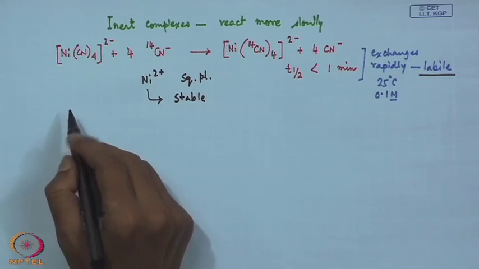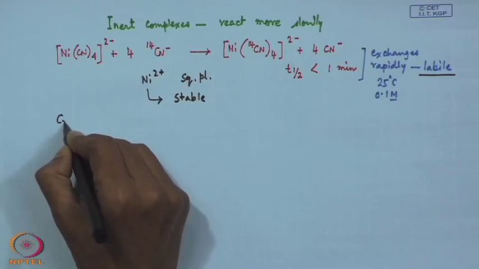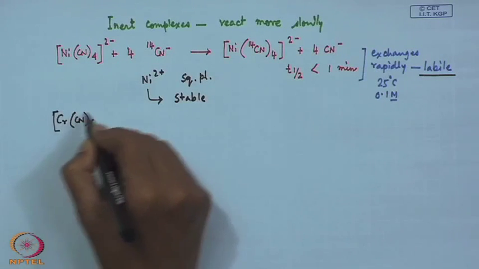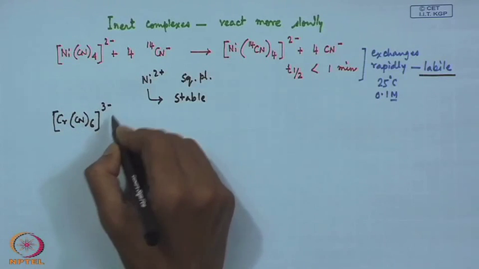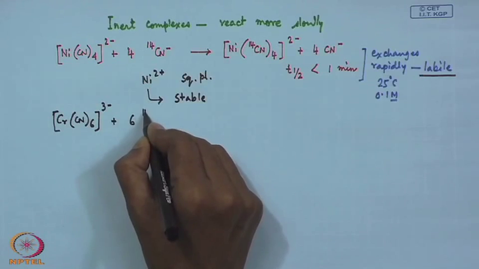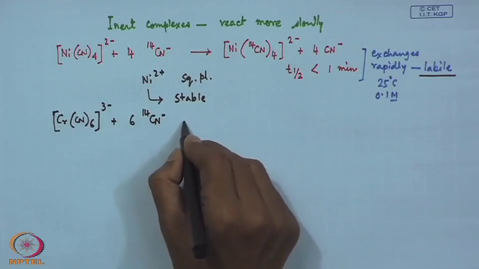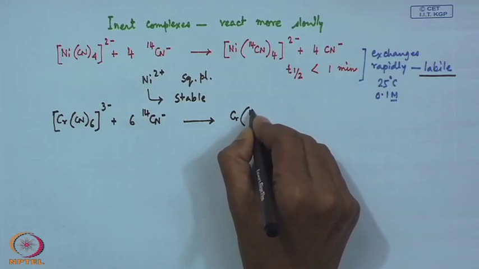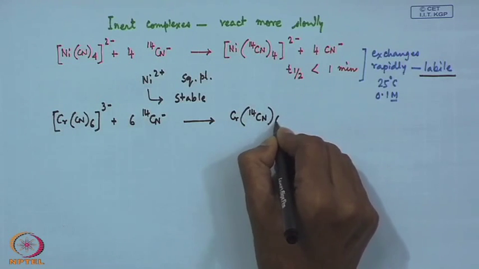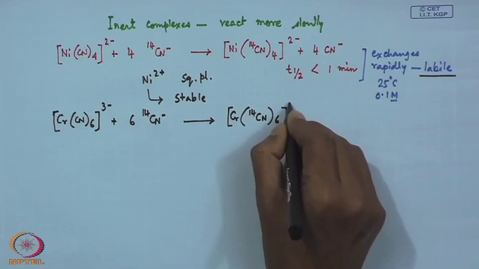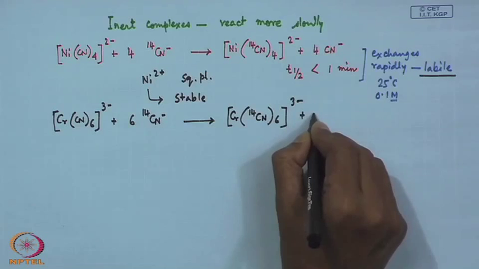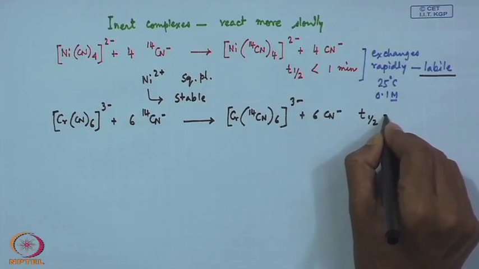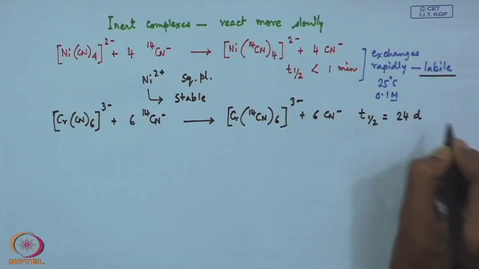Similarly, in case of another cyanide complex, hexacyanochromium, when it exchanges with radio labeled cyanide, we get 14CN, the hexacyanochromium 3 minus plus 6 CN minus, and in this particular case our t half is 24 days.